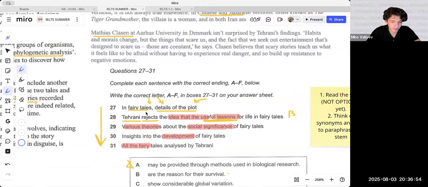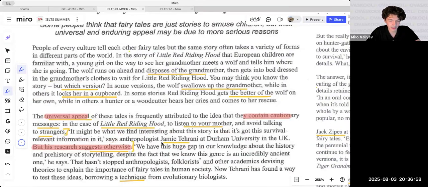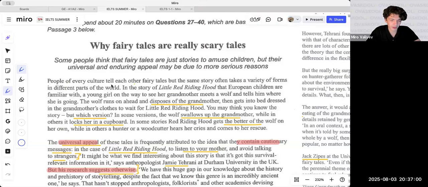And I think I missed this point in fairy tales. I think it must be somewhere at the beginning. People of every culture tell each other fairy tales, not all the fairy tales, but the same story, the same plot often takes a variety of forms in different parts of the world.